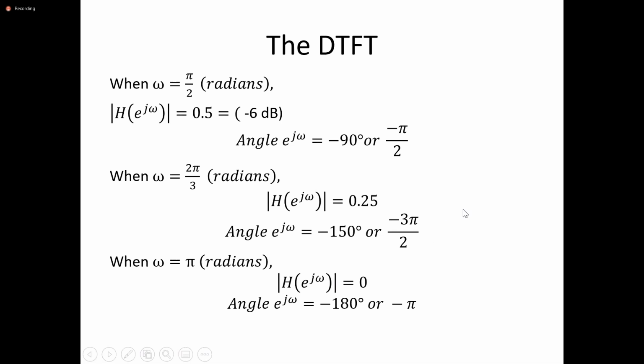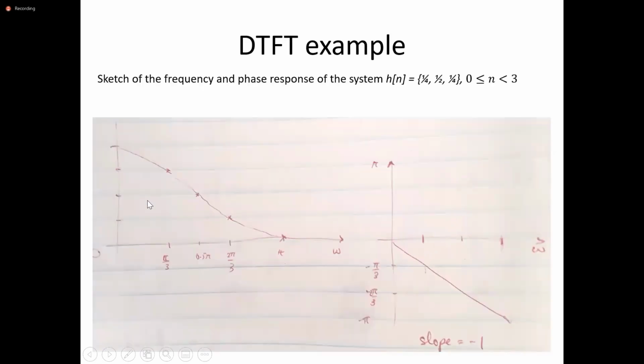So here, originally for my notes, I had done a sketch. This is not a very good diagram, but it's basically showing our signal going down from 0, 0.25, 0.5, 0.75, 1.